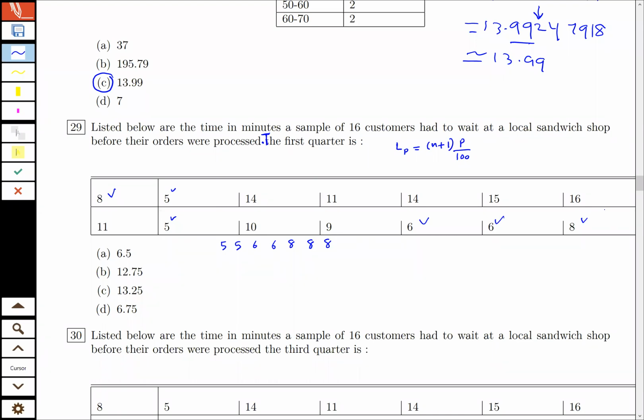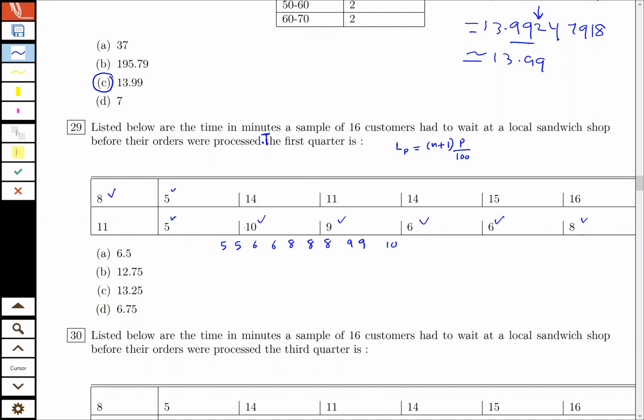It's not showing. Okay. And we have 9 two times. We have 10 only 1 time.